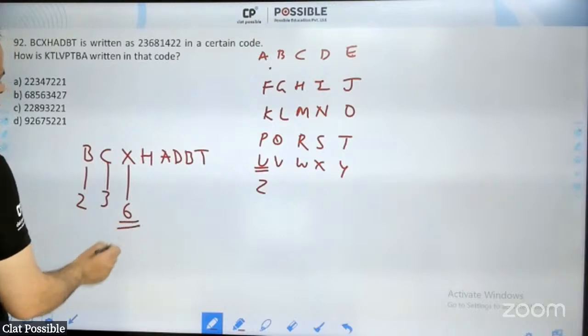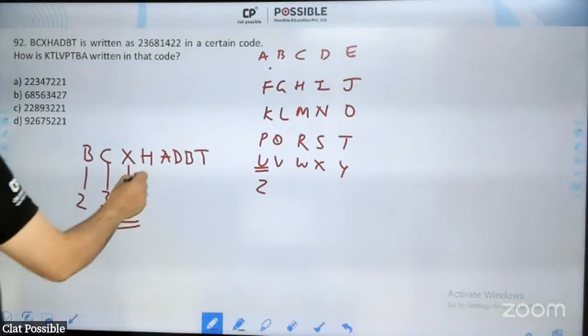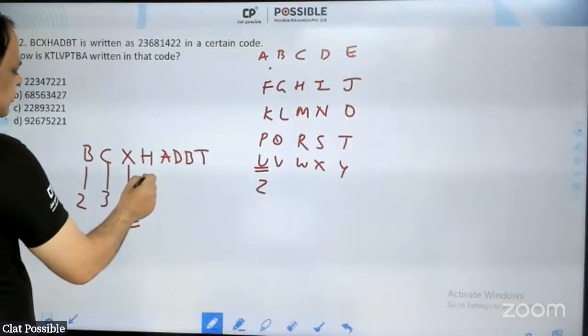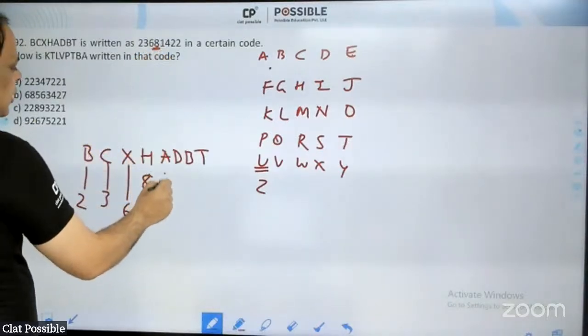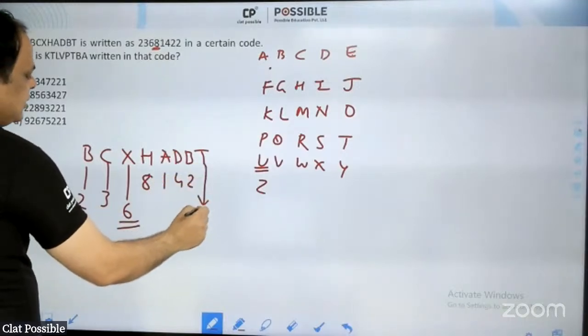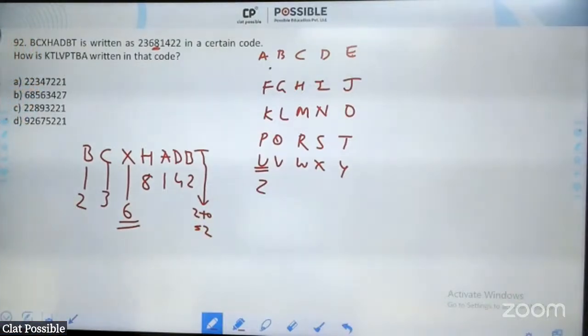So this is where we need to focus. So X value is actually 24, but 2 plus 4 is 6, and H value is straight away 8. So 8 is used. Then 1, 4, 2, and T is 20. So 20 also, 2 plus 0 will be 2. So this is how I have coded the question.